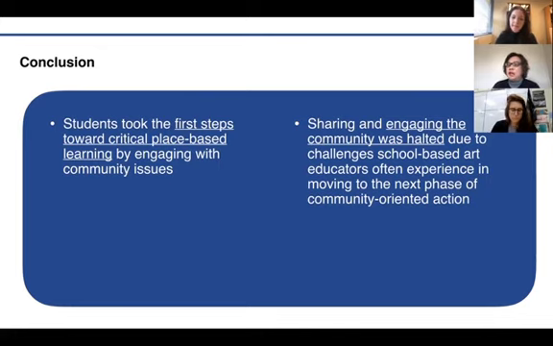While this cessation might be understandable, given the extreme circumstances under which we were all working, we also see how it might also be indicative of the challenges school-based art educators often experience in taking critical place-based art curriculum to this next phase of community-oriented action.